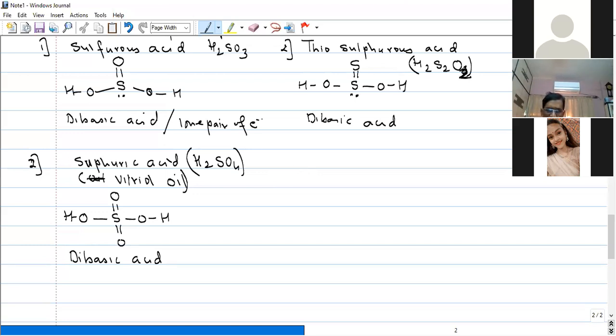This is third. Fourth, thiosulfuric acid. Formula: H2S2O3.